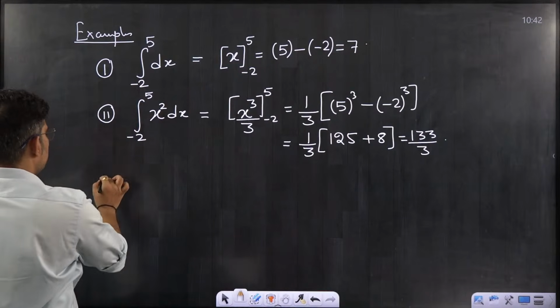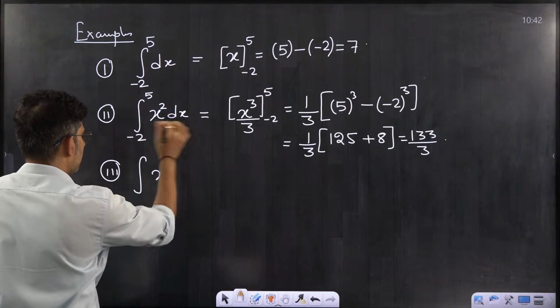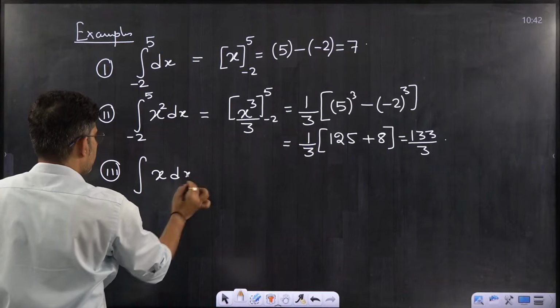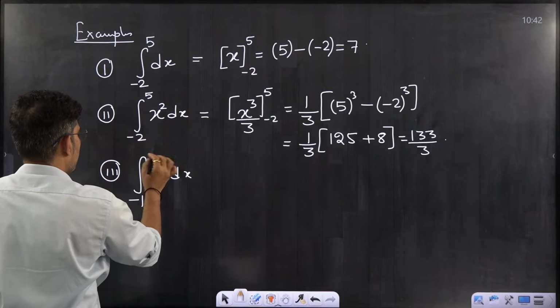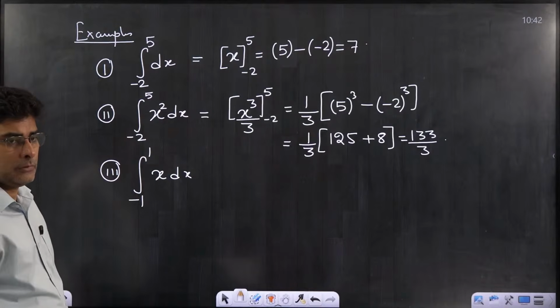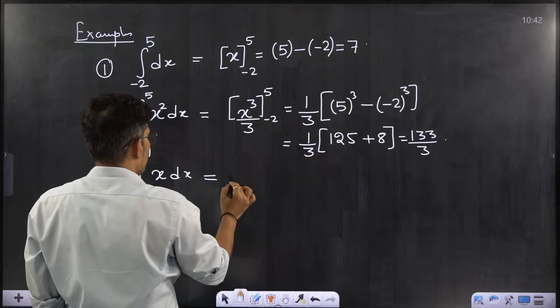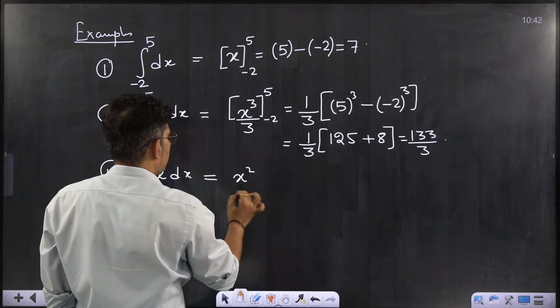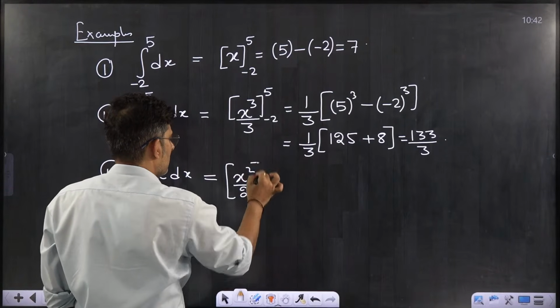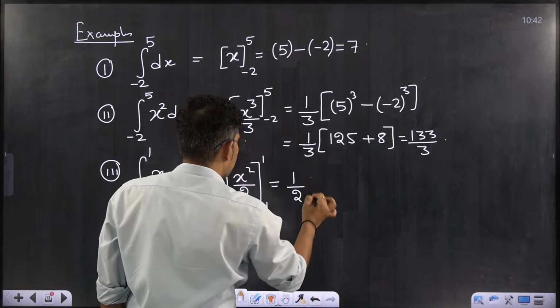If you had, say, x dx between minus 1 to plus 1, then what would happen? You will say, sir, integration of x is x square by 2, from minus 1 to plus 1, 1 by 2 as it is outside.